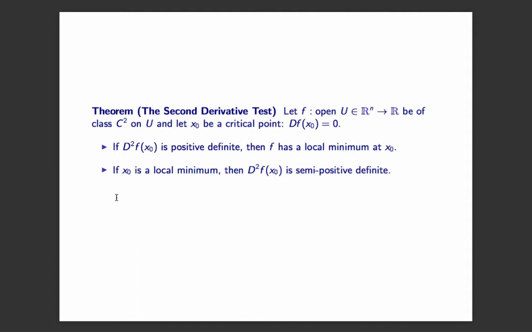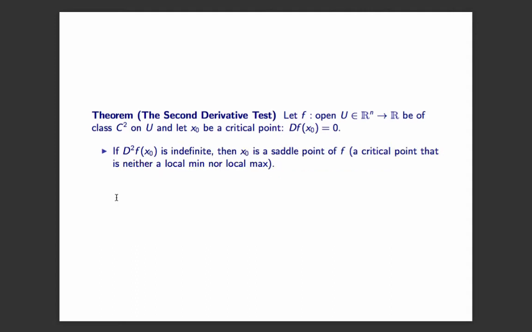The second one follows by just multiplying by -1. Before we continue with that proof sketch, let's mention the indefinite case. If the Hessian is indefinite, then x naught is a saddle point. That is a critical point that is neither a local min nor a local max.